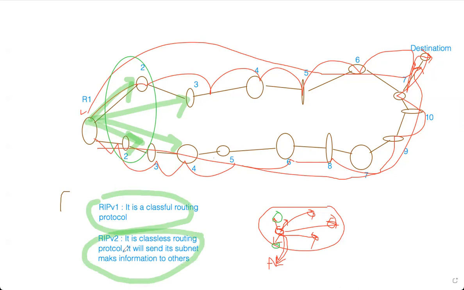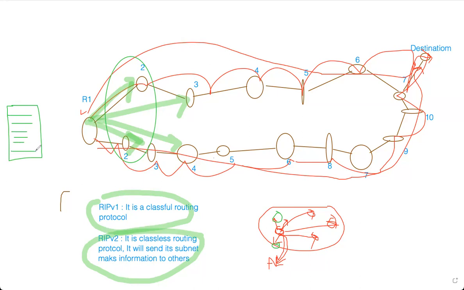RIP version 2 will send the entire routing table every 30 seconds. For example, let's say RIP has a routing table of 1,000 routes, like route entry 1, route entry 2, route entry 3, route entry 4.